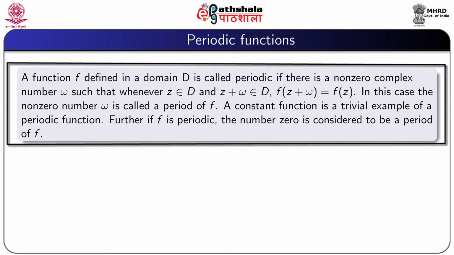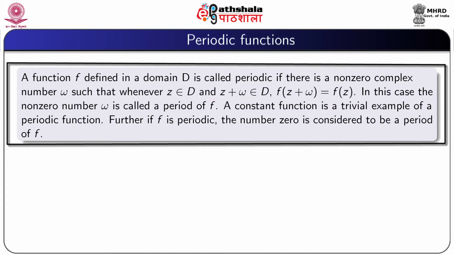So, first we define periodic functions. A function f defined in a domain D is called periodic if there is a non-zero complex number omega such that whenever z belongs to D, z plus omega belongs to D and f of z plus omega is equal to f of z.